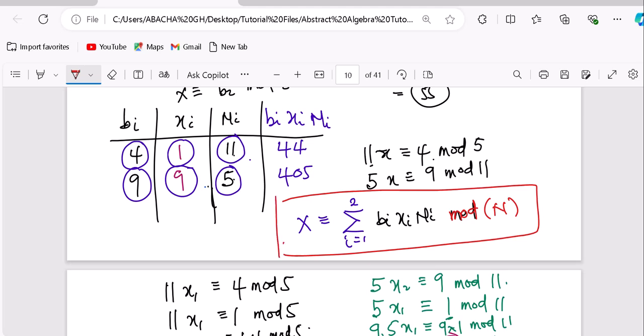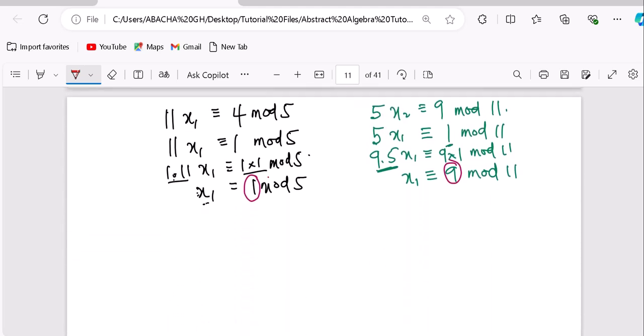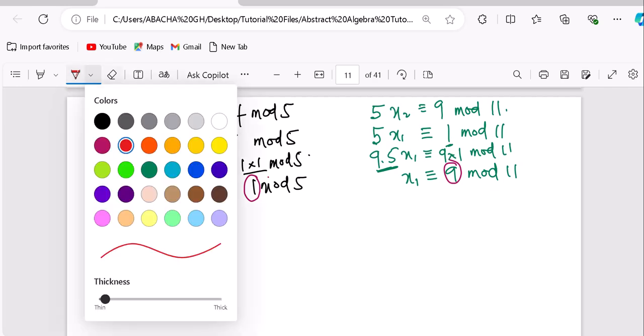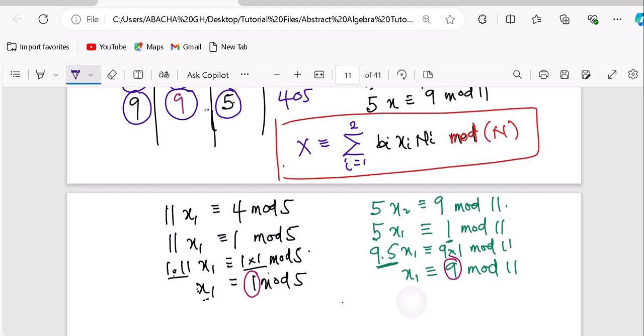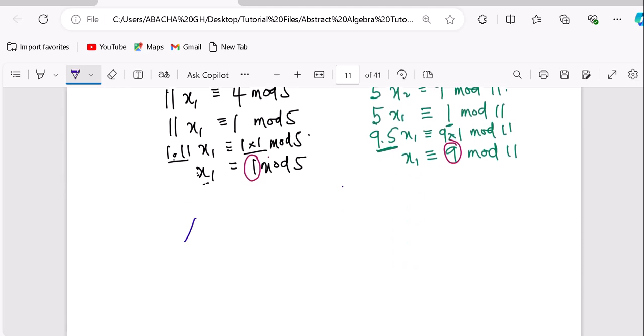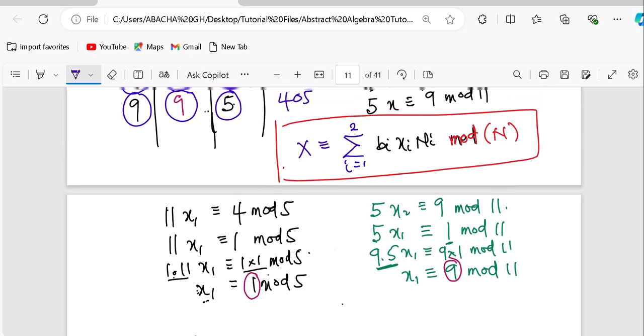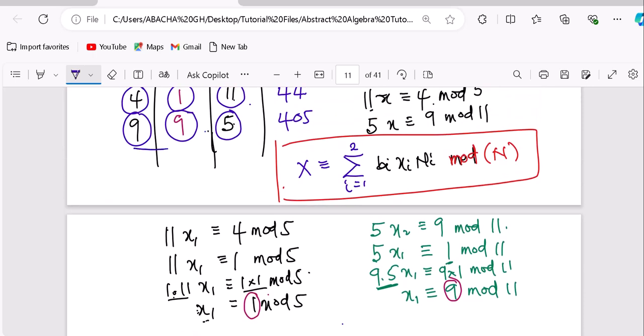So I'm coming to replace them inside this formula. Summing these two numbers, I'm going to get 449.